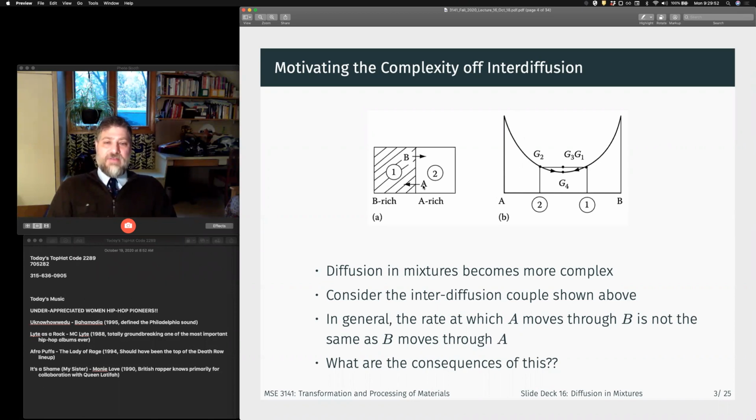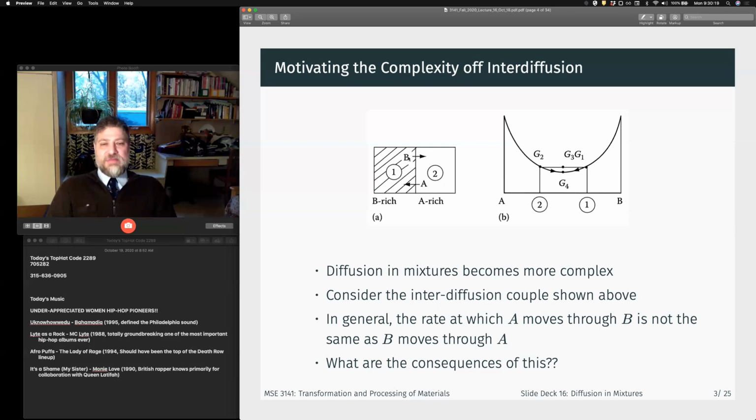And so if I have A going this way, what way do I have to have vacancies going? I have to have vacancies going the opposite to A, right? And the same thing, if I have B going this way, I have vacancies going this way.